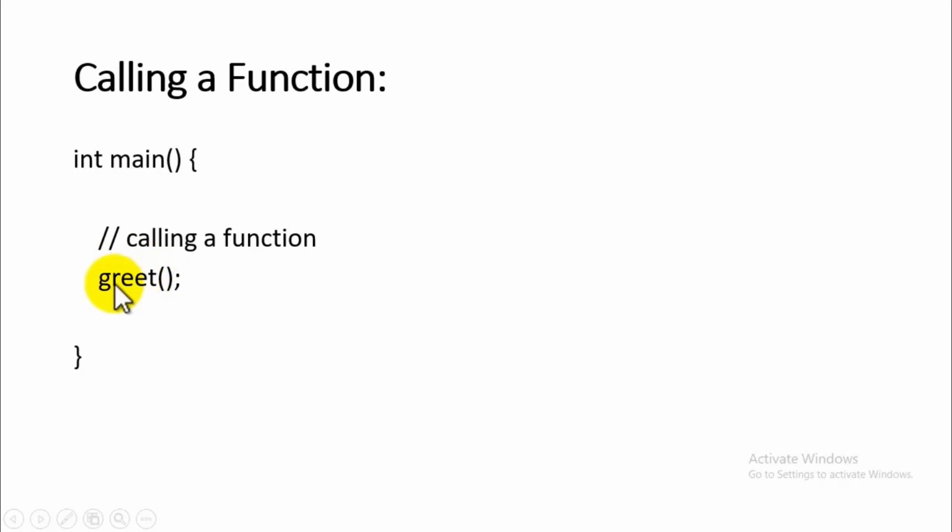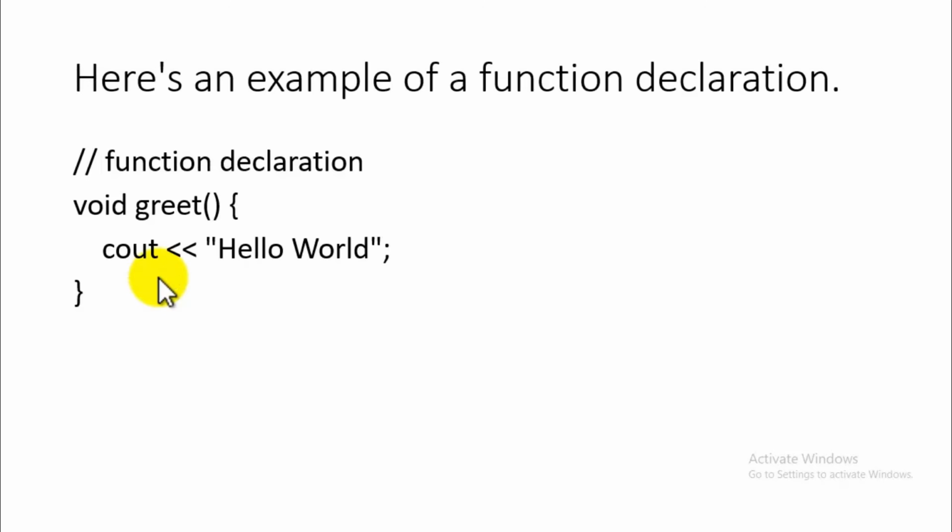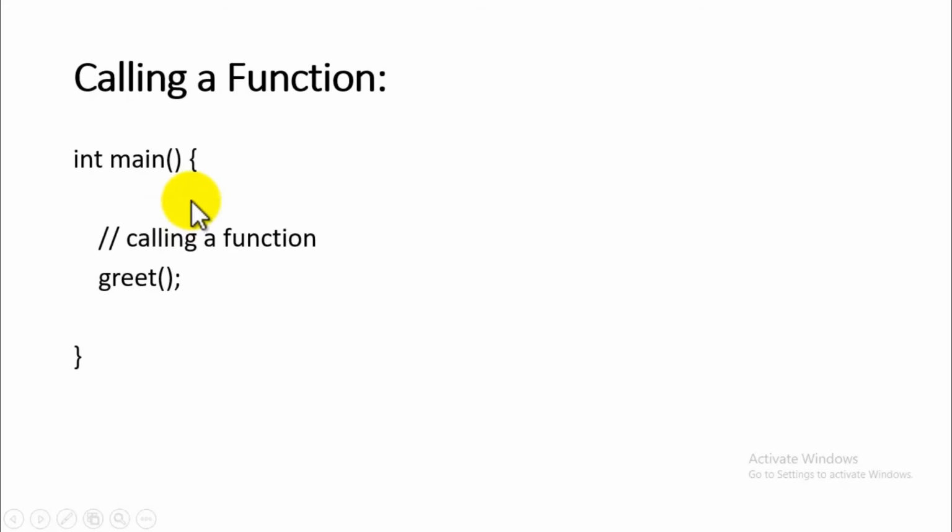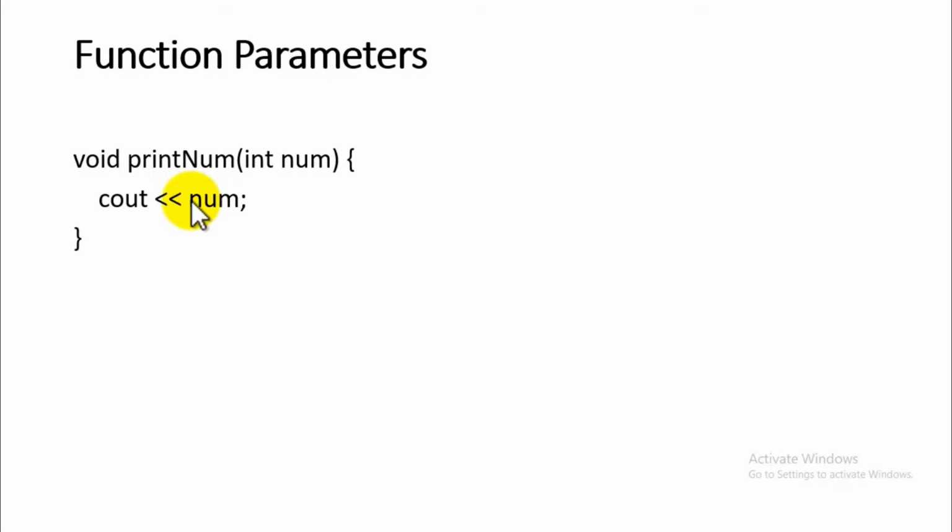So you have there the int main, then you invoke or call that function, which is the void greet you created. So you can invoke the greet function using its name, greet.